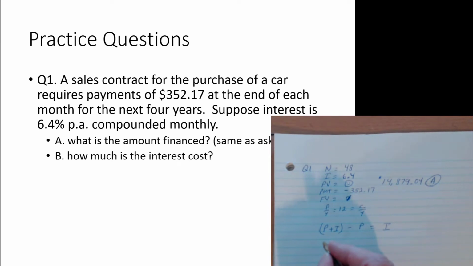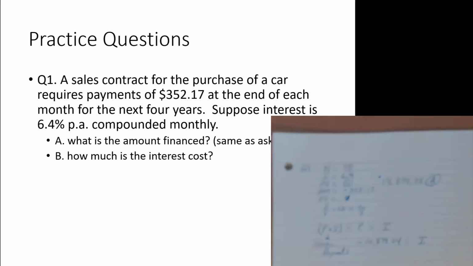So when you're paying a loan, you're paying off a little bit of principal and a bit of interest. So when I look at what's that P plus I, that would be the total payments minus the present value, which is the principal, and whatever is left over from that is our I.